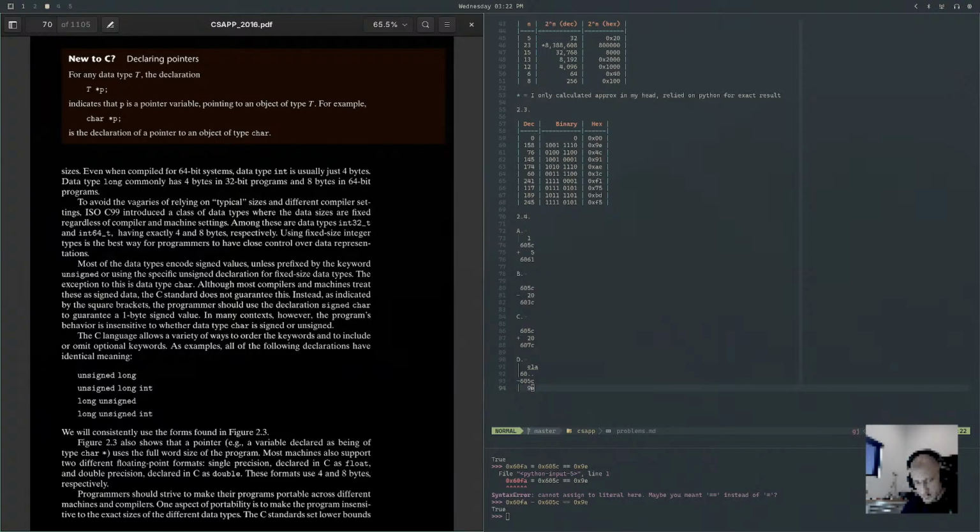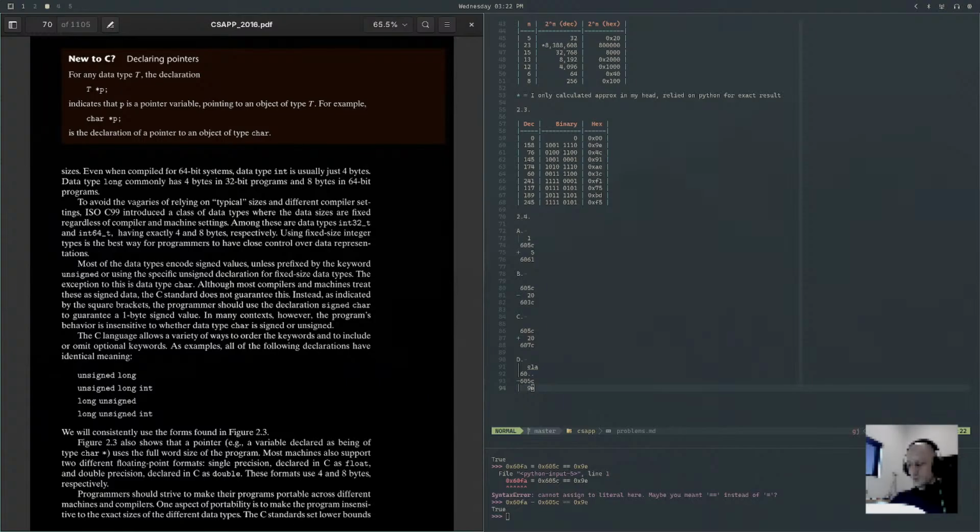Most machines also support 2 different floating point formats: single precision declared as float and double precision declared in C as double. These formats use 4 and 8 bytes respectively. Programmers should strive to make their programs portable across different machines and compilers. One aspect of portability is to make the program insensitive to the exact sizes of the different data types.